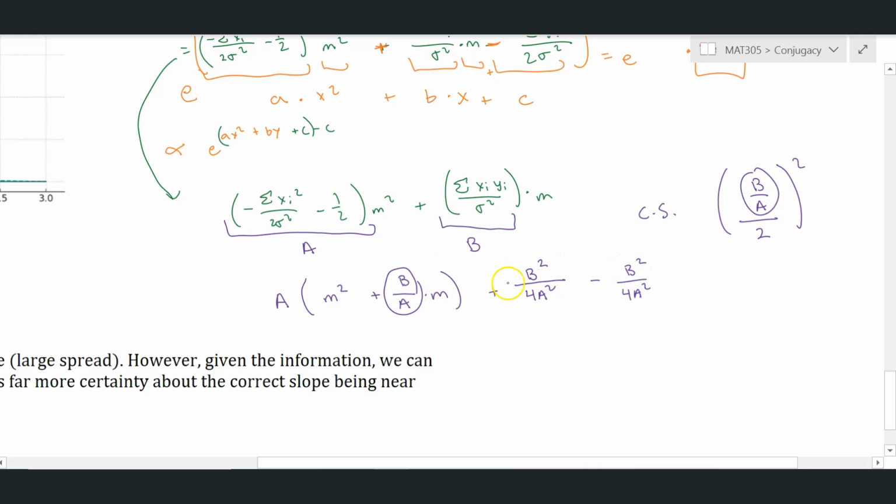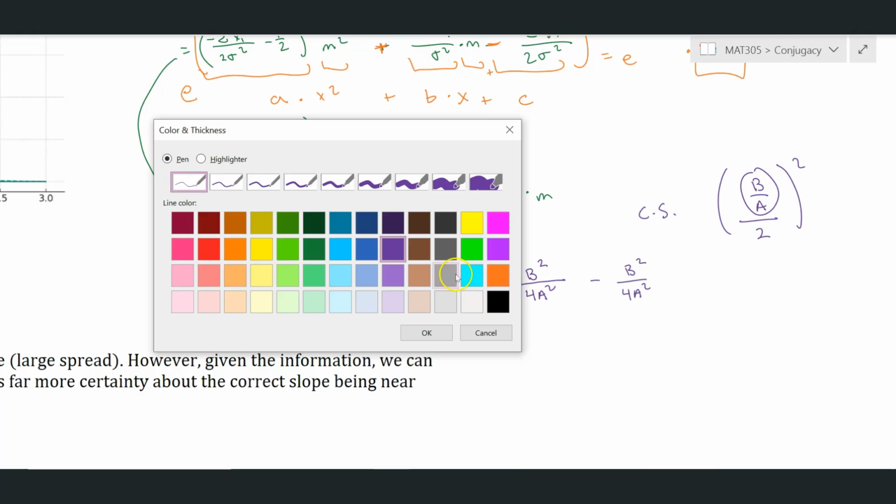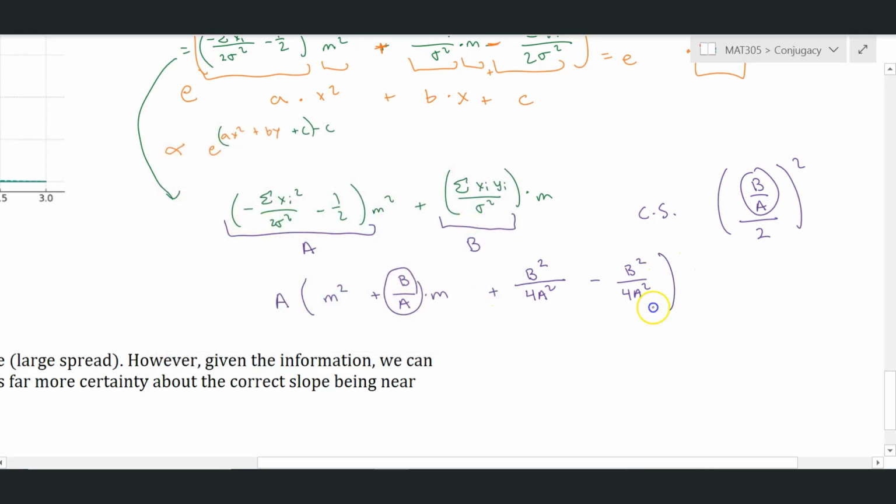Okay, now these 2 terms, and I will actually want to add this into the parentheses, like so. That's still a true statement.